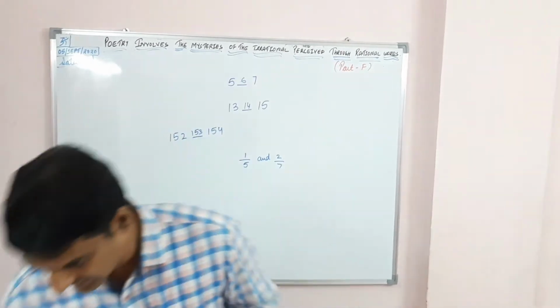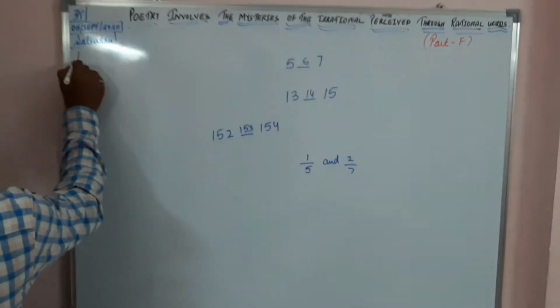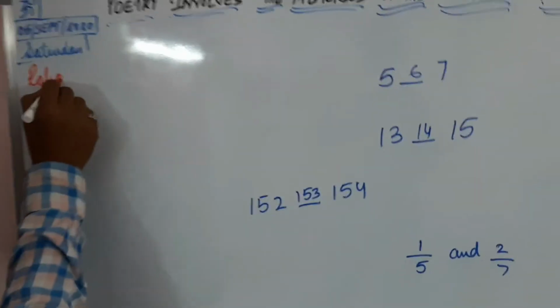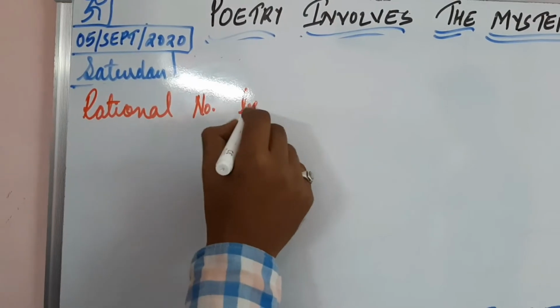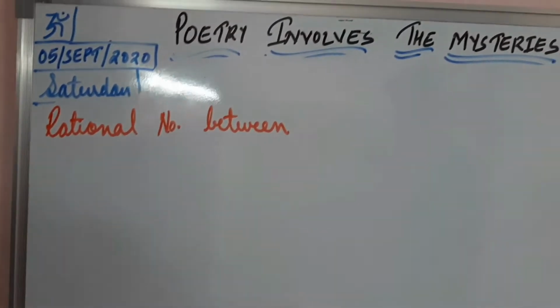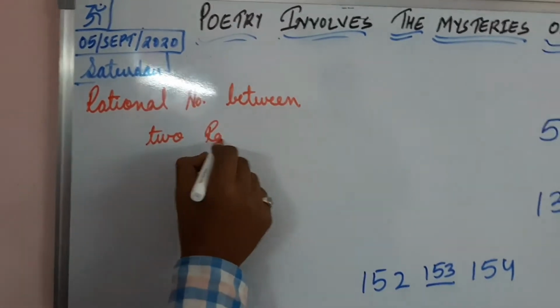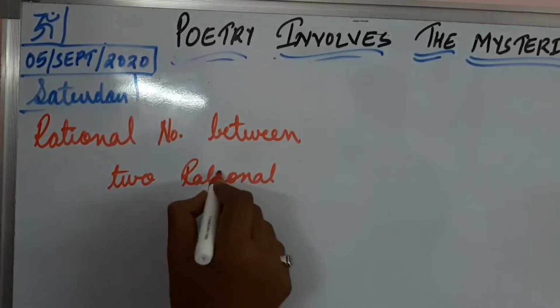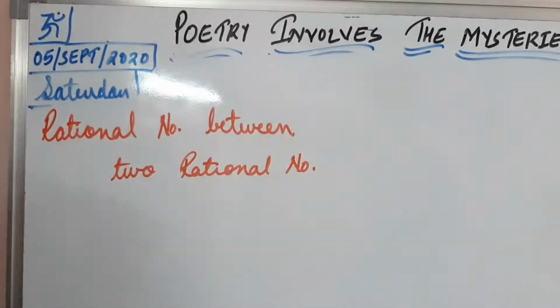So what is the topic here? That is rational numbers present between two rational numbers. Between any two rational numbers.